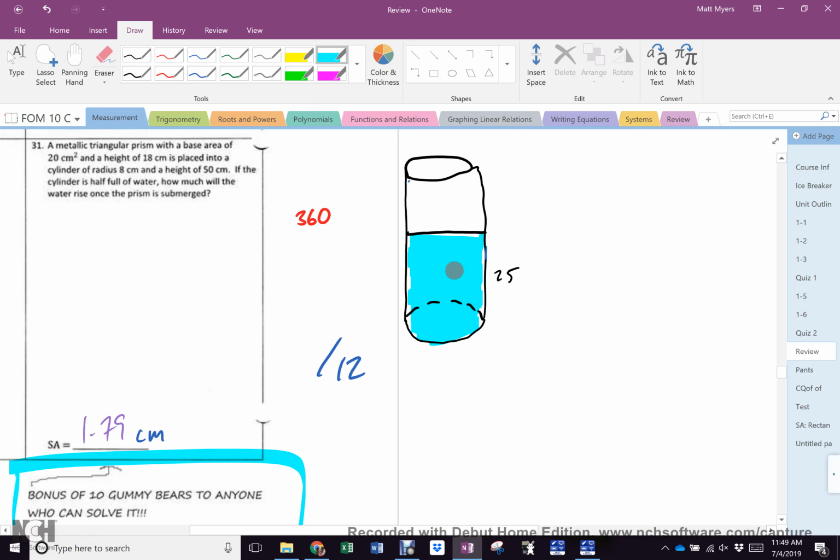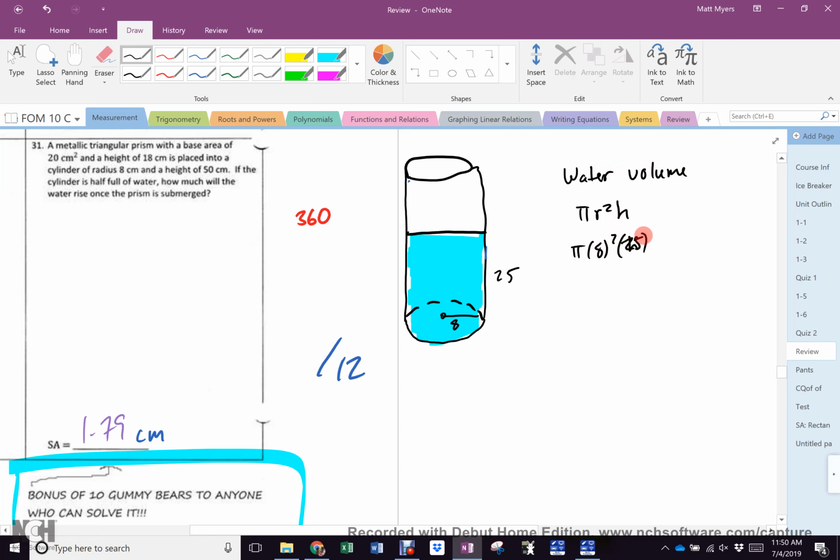And that water is 25 centimeters high because the whole cylinder is 50 centimeters. The water goes up halfway, 25. And I know the cylinder has a radius of 8. So right now, the water volume is pi r squared h, which is pi times 8 squared times 25.